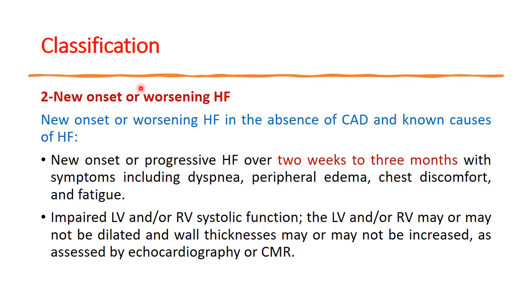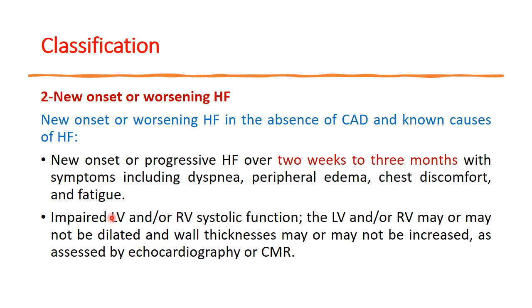The second presentation of acute myocarditis is new onset or worsening heart failure in the absence of coronary artery disease and in the absence of a known cause for heart failure. They can present with new onset or progressive heart failure over 2 weeks to 3 months, with symptoms including dyspnea, peripheral edema, chest discomfort, and fatigue.